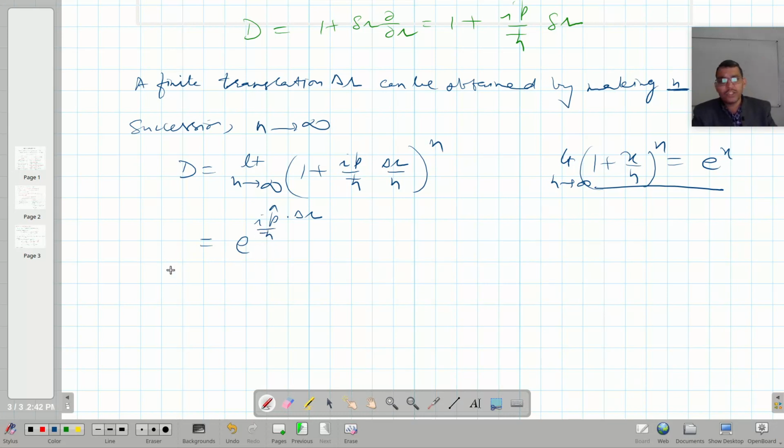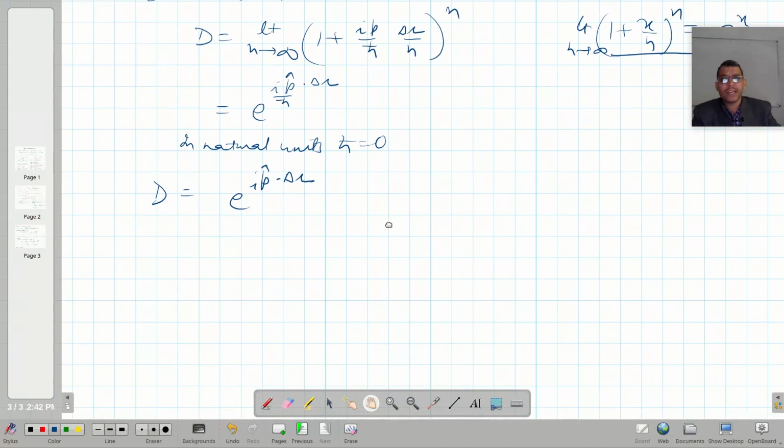But in natural units, h cross is equal to 1, so therefore this d can be written as e raised to power iota p delta r.